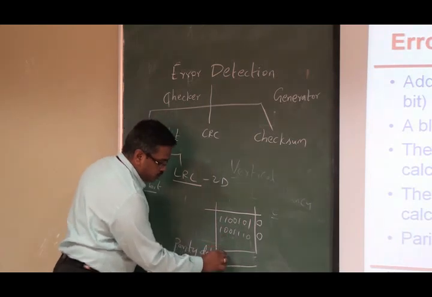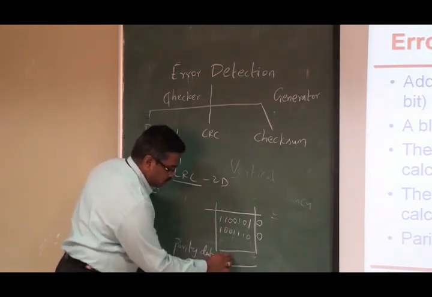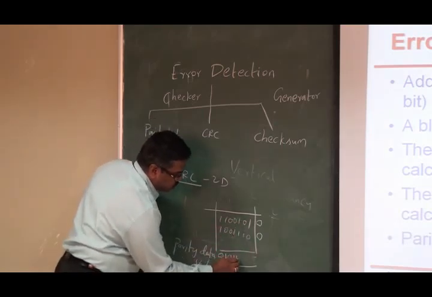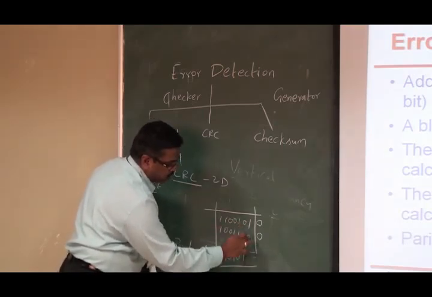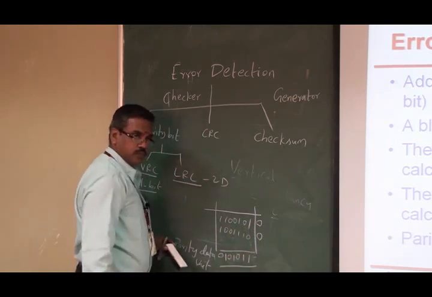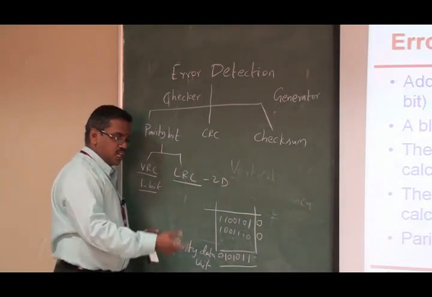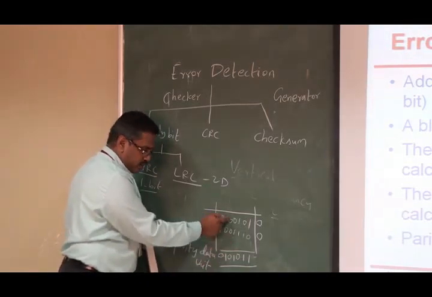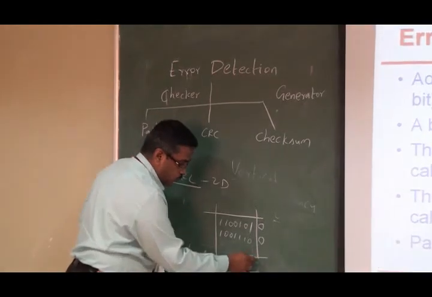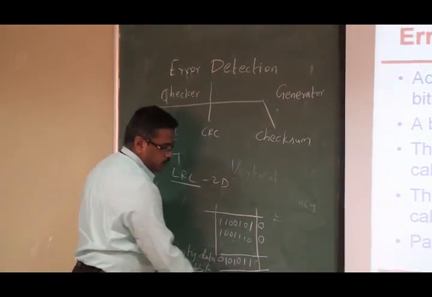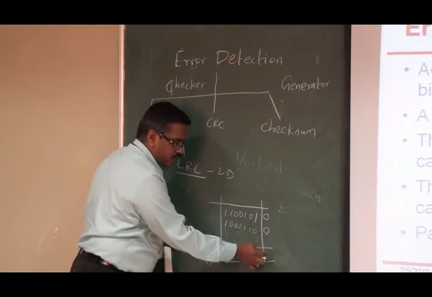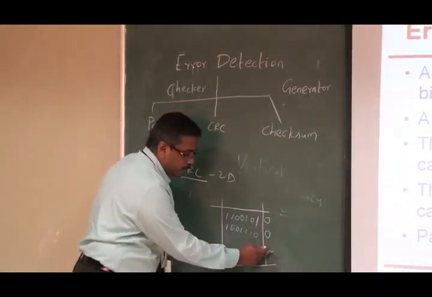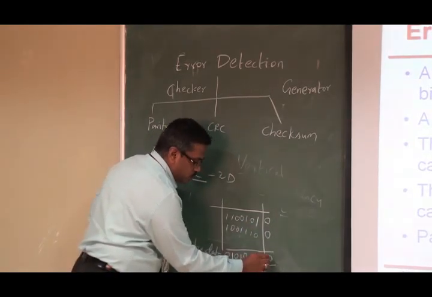Then 1 0 1, 0 0, then 0, 0 1 1, 1 1 0, 0 1 1, 1 0 1. So make the number of ones even. So this is the parity data unit. The vertical direction we can also compute, and for the parity bits also we can generate a parity bit, 0 0, so 0.